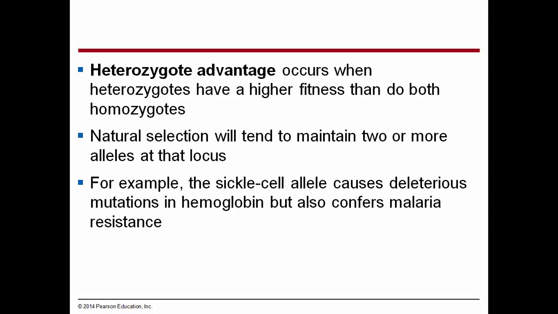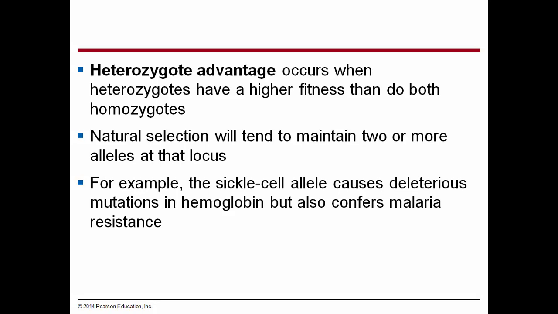Heterozygote advantage occurs when heterozygotes have higher fitness than do both homozygotes. Natural selection will tend to maintain two or more alleles of that locus. For example, the sickle cell allele causes deleterious mutations in hemoglobin, but also confers malaria resistance. Okay, so that's an example of heterozygote advantage.